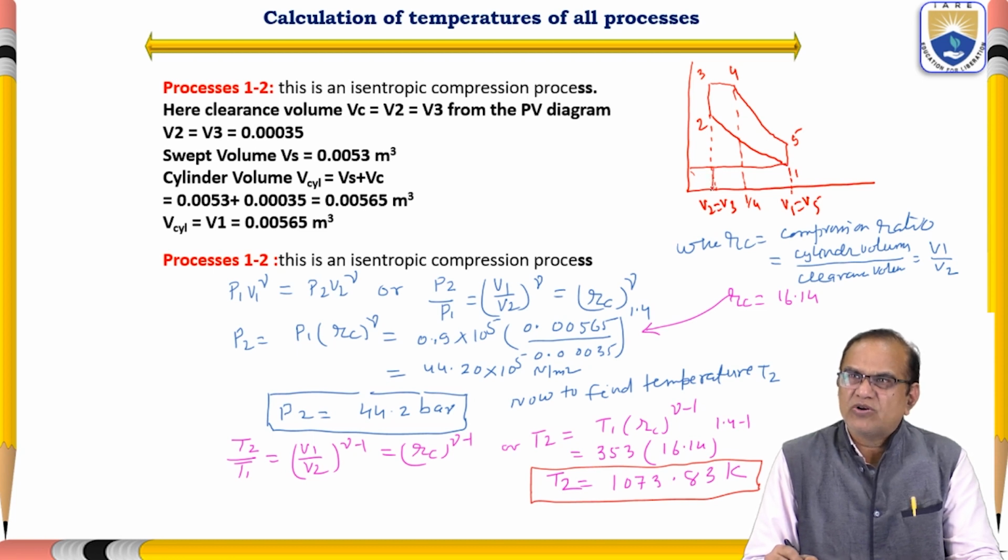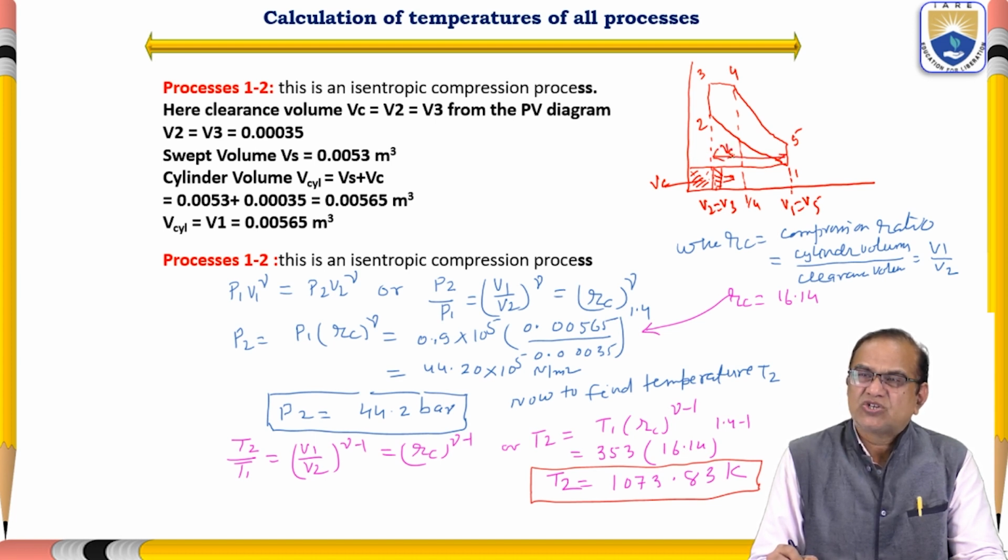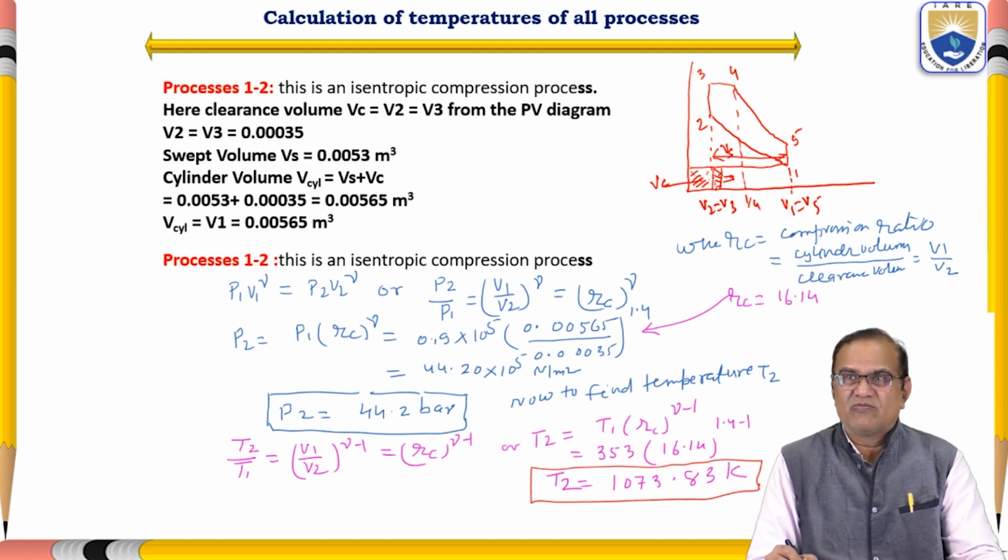Initially your piston is here. This is the piston and this is called your Vc, that is the clearance volume, and from here to here this is called Vs, stroke volume or the swept volume.